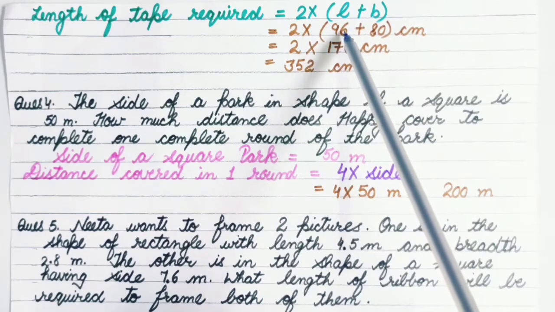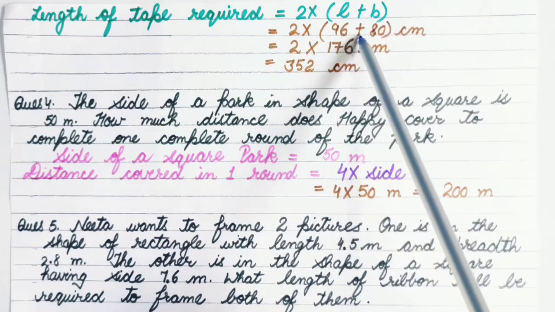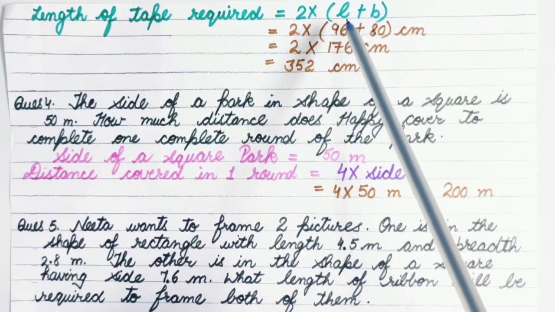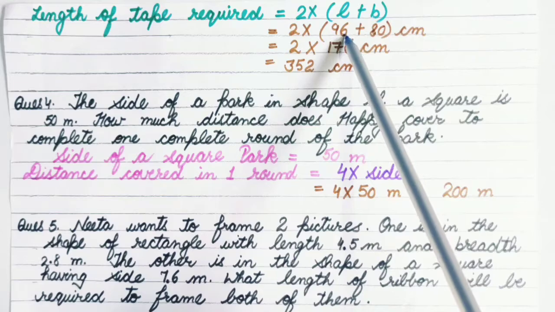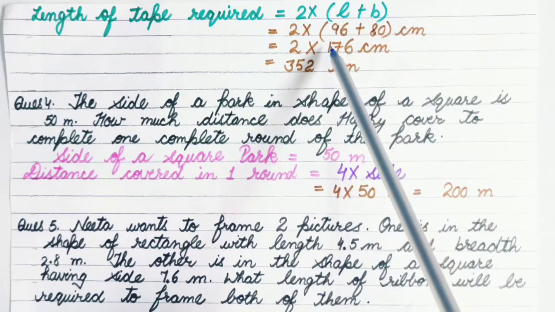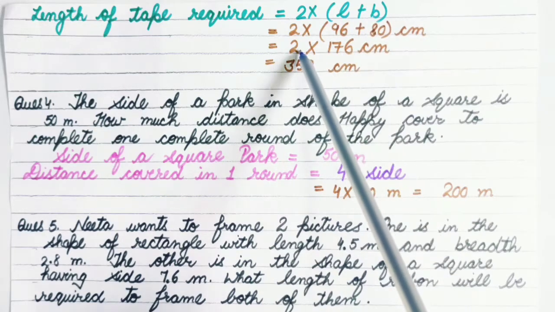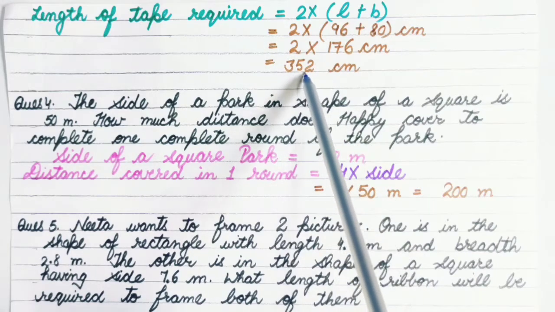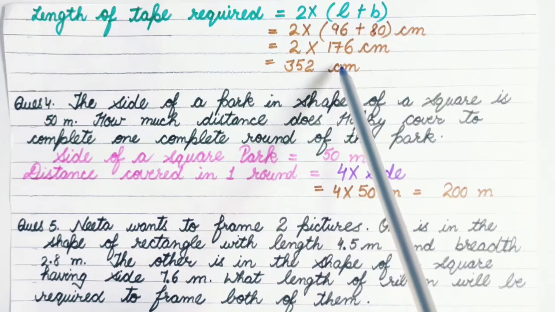According to BODMAS, first of all we will solve this bracket. We have to do this addition first. When we add 80 to 96, we get 176. Now we can multiply easily with 2. When we multiply 176 with 2, we get 352 centimeter as our answer.